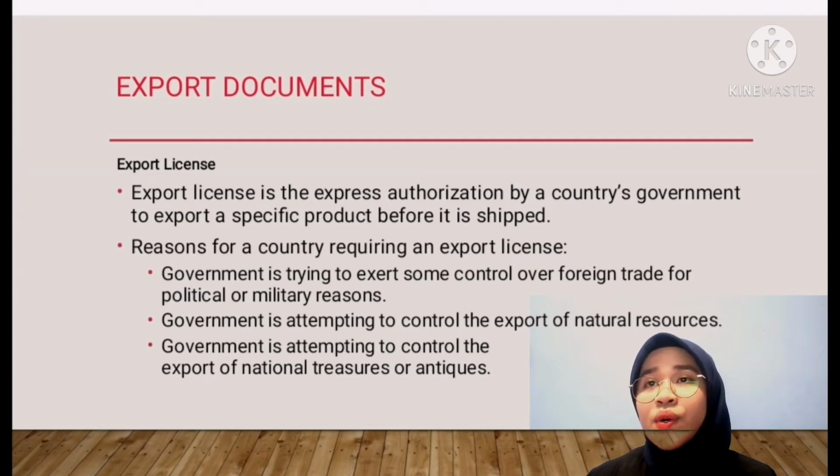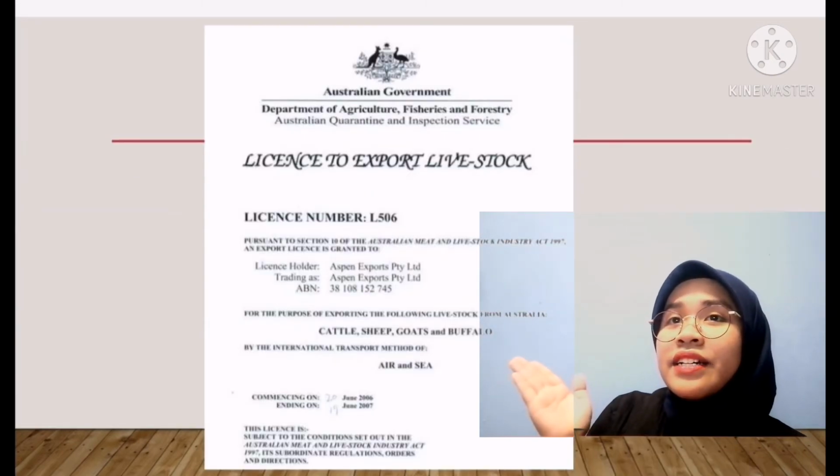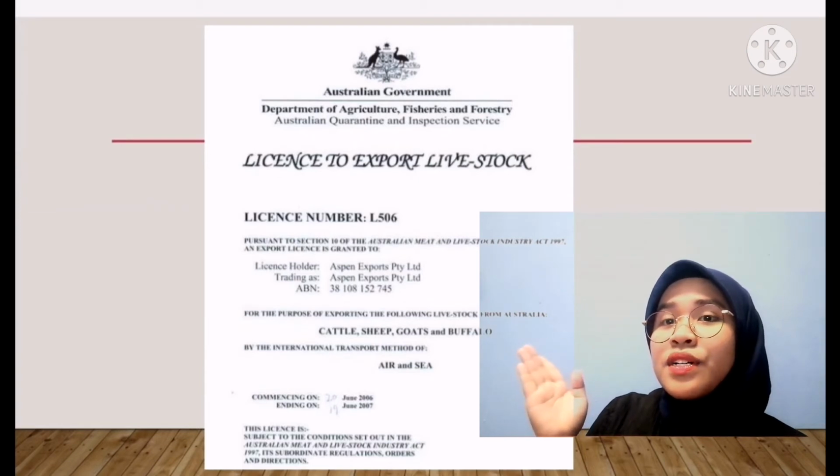Reasons for a country requiring an export licence are that the government is trying to exert some control over foreign trade for political or military reasons, the government is attempting to control the export of natural resources, and the government is attempting to control the export of national treasures or antiquities. You can see here the example of the export licence.